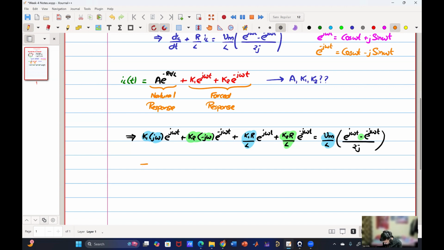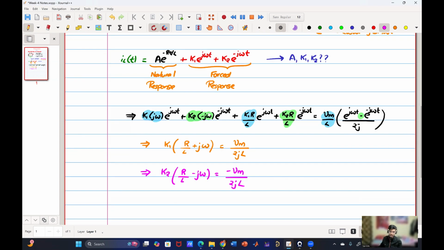We'll get two equations. First equation is, if we take K1 common, K1 into (R by L plus j omega) is equal to Vm by 2jL, and the other expression is K2 into (R by L minus j omega) is equal to minus Vm by 2jL. So is this clear until this point?